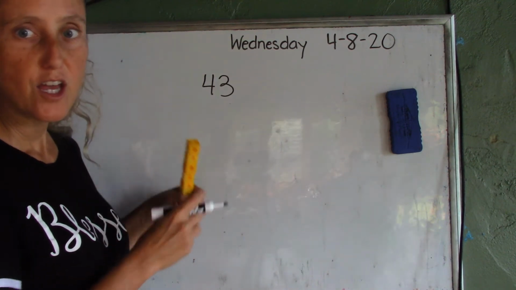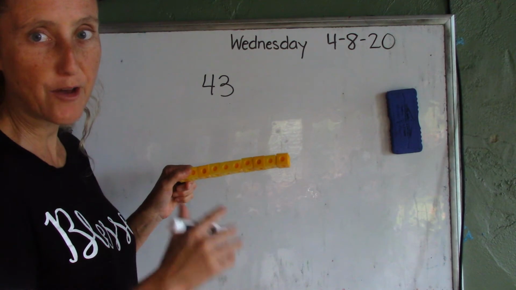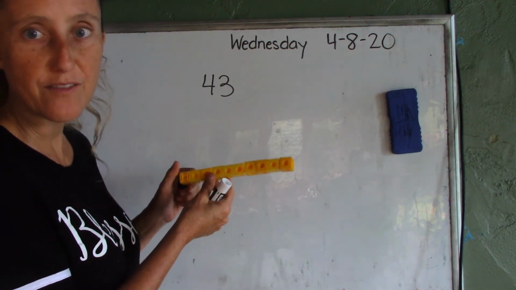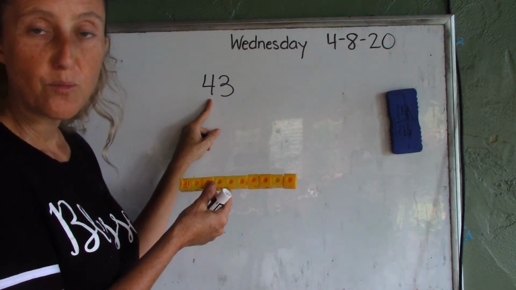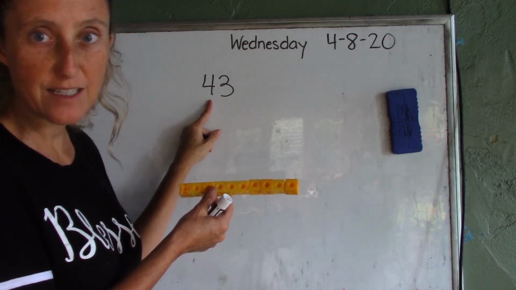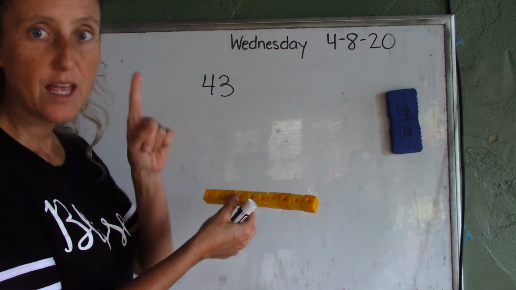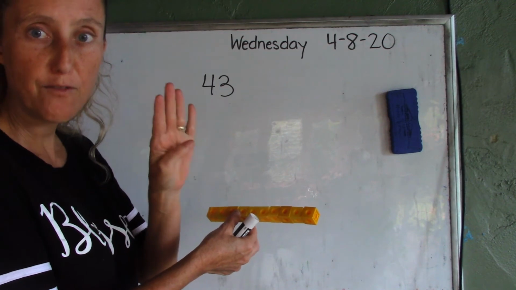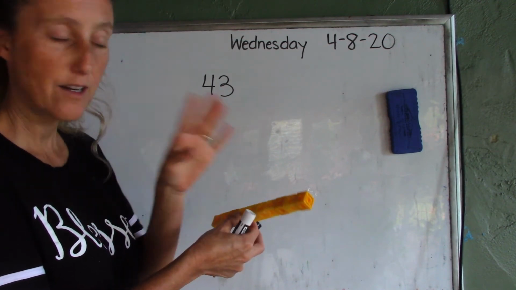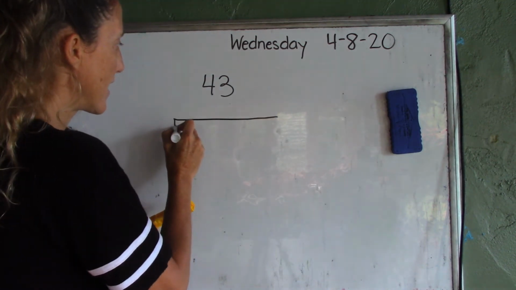If this train is 10, how many trains of 10 do I need to make 40? Well, you have to count by tens until you get to 40. So let's count by tens. Are you ready? 10, 20, 30, 40. How many will I need? 4, right? Okay, so this is my train of 10.